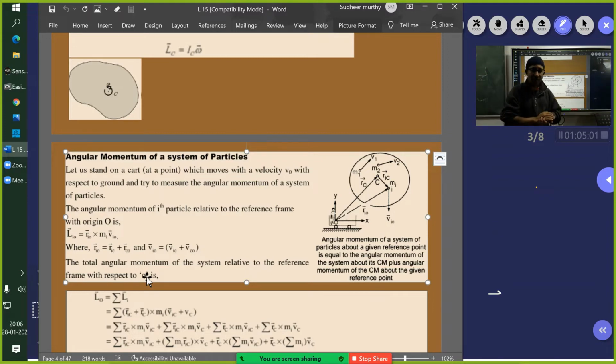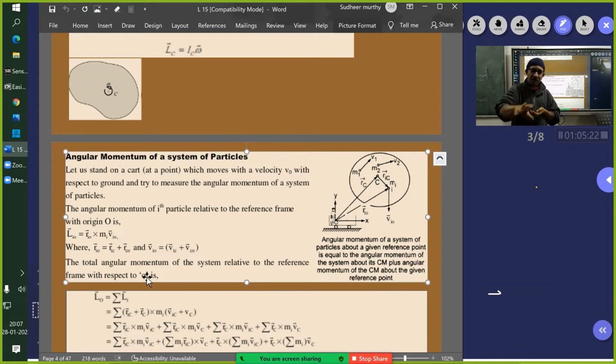Why that is important is because the angular momentum of a body is conserved provided there is no external torque acting on the body. Therefore if you want to change the angular momentum of this, then you have to apply external torque.